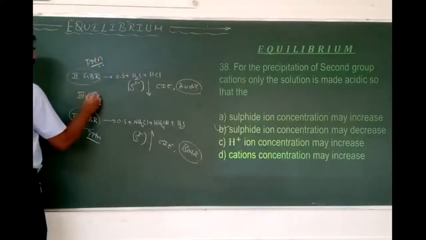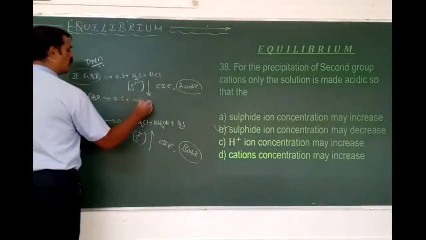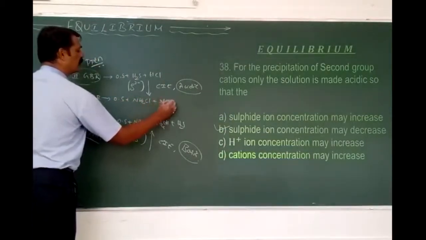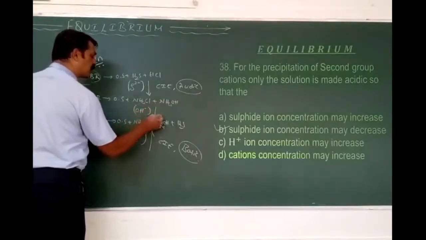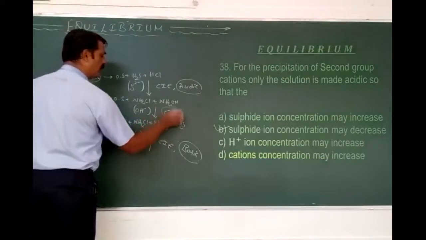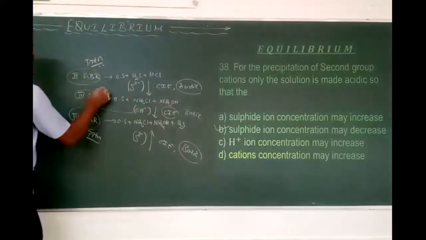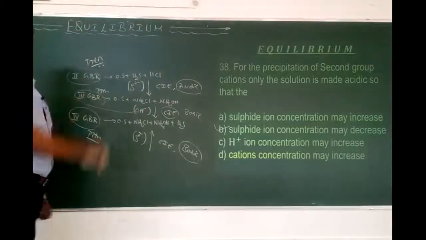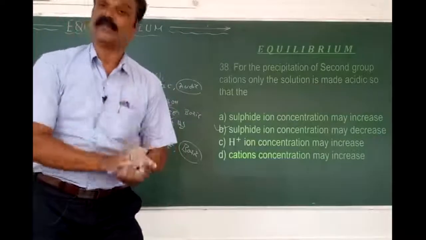Third group basic radicals. OS plus NH4Cl plus NH4OH. Here we are maintaining the OH minus concentration low due to the what? Again we are maintaining what medium? Basic medium, and that is helpful for the precipitation of only what groups? Third group basic radicals. Second is a sulfide of low concentration, acidic.